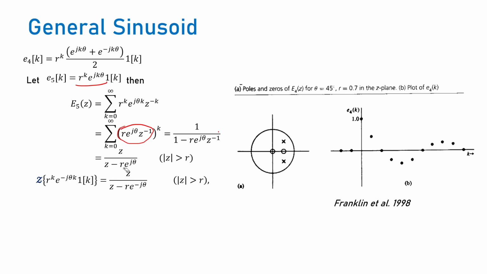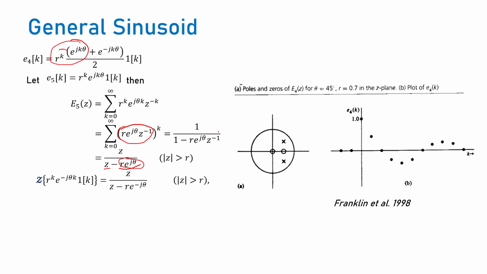Okay, so the pole here is just r times e to the j theta, because e to the j theta has absolute value 1. You call it absolute value, or you can call it norm. Okay, e to the j theta has norm 1. So it means r itself is the norm of the whole complex number. So you have poles as complex numbers. So for just this term, you have a pole like this.